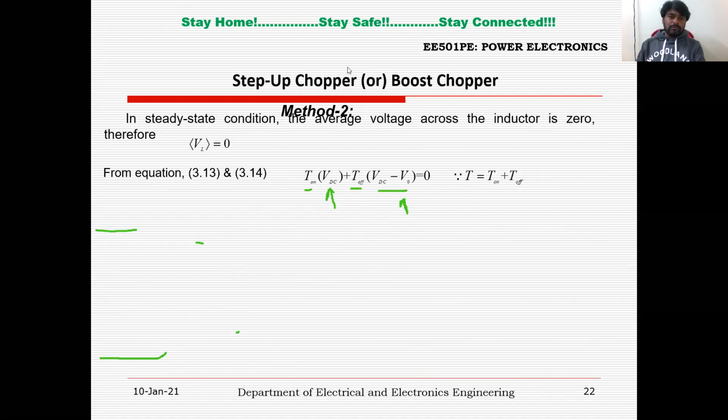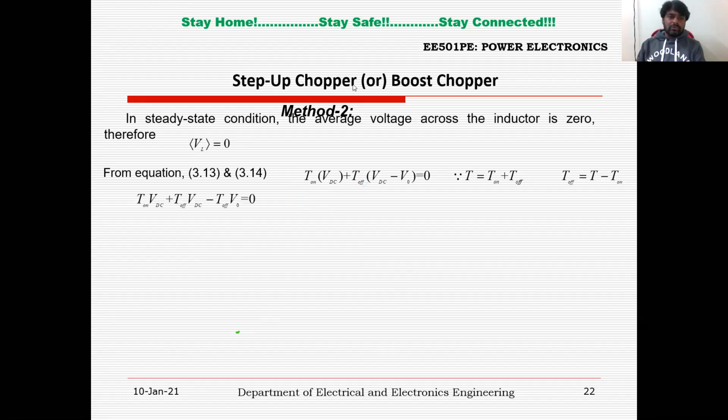And if you substitute, instead of t off, t minus t on, you can simplify like this: t on into VDC plus t off into VDC minus t off into V naught, that equals 0. And you can take VDC common from here and here. It will be t minus t on. So this is the expression, and now you can cancel.